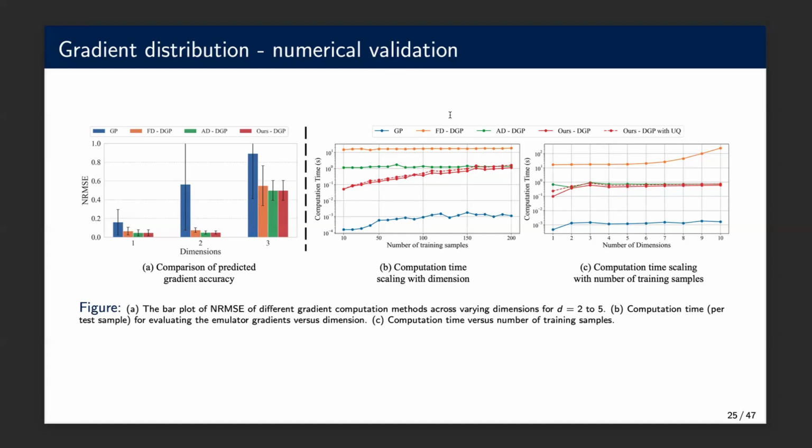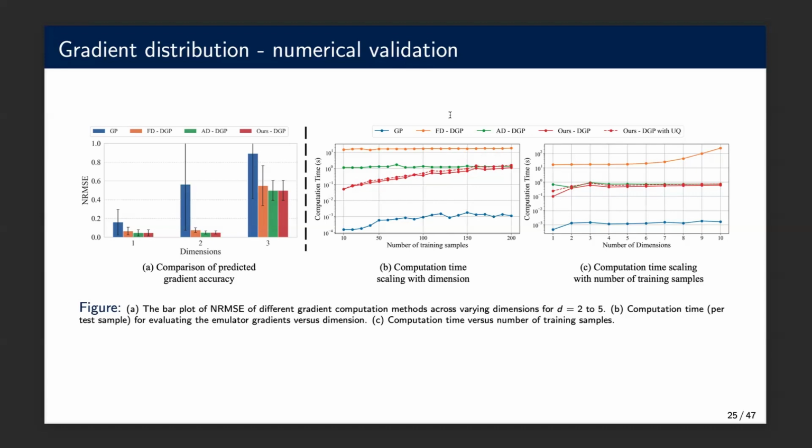Figures B and C compare the computational time. Figure B shows how the computation time scales with the training samples, because we know GP is a non-parametric approach: with the increase of training samples, the inference time increases polynomially. Because for finite differencing you need to evaluate each test point many times to get a good order of accuracy, it is very time consuming.